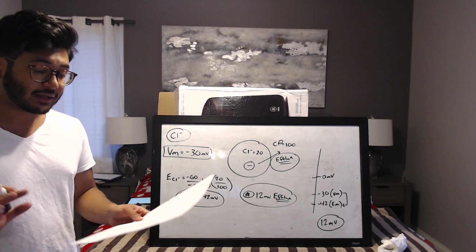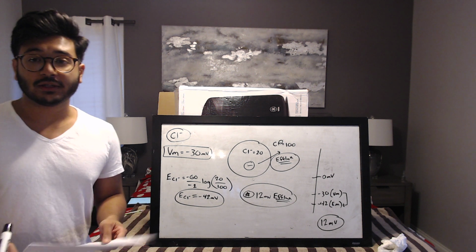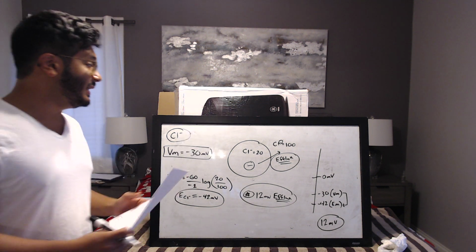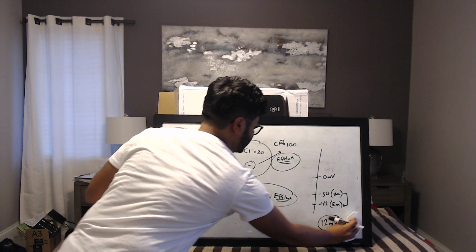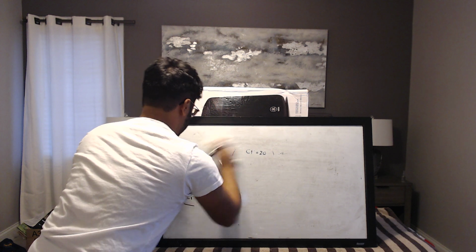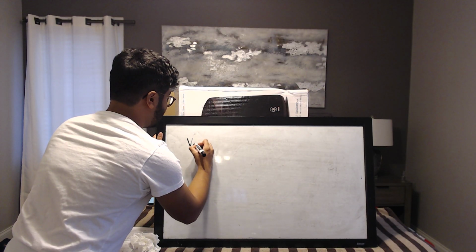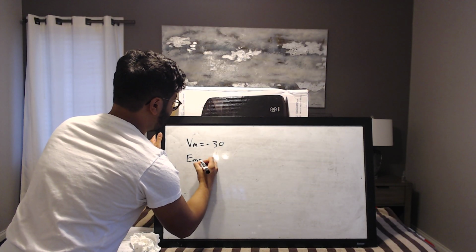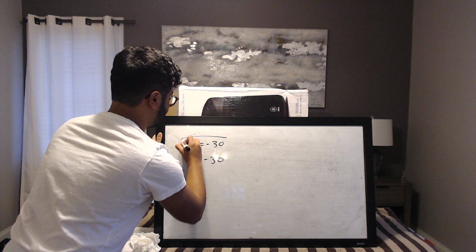And there's one last thing that I wanted to quickly note before we finish this off, is that say your EM and your VM are the same. So let's say that you have a VM equals negative 30, and let's say your EM, you calculated it out and you found it to be negative 30.